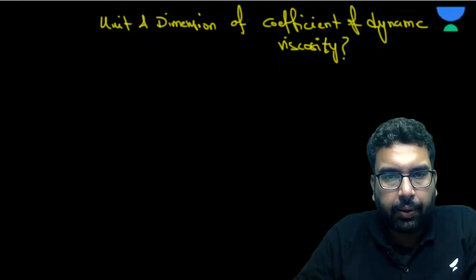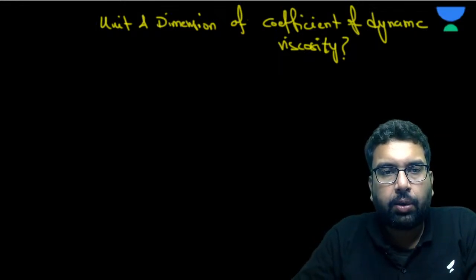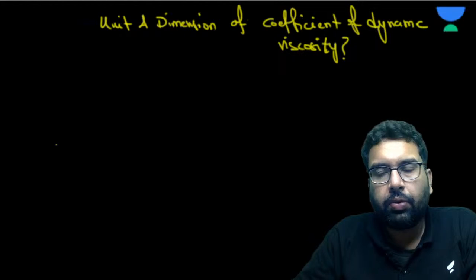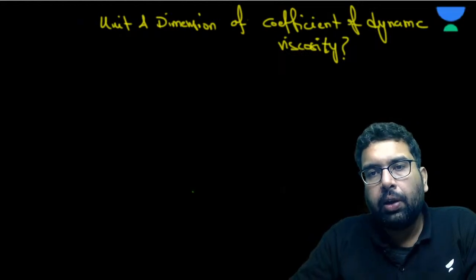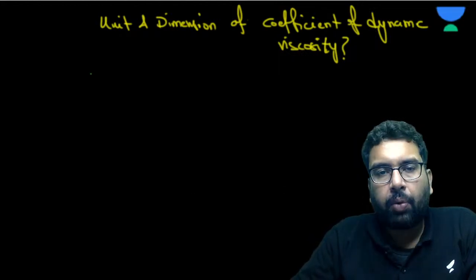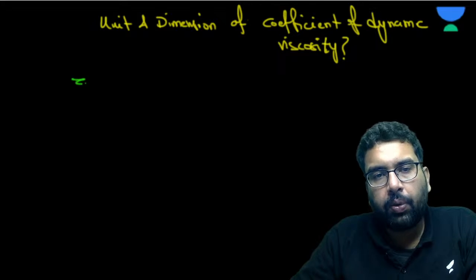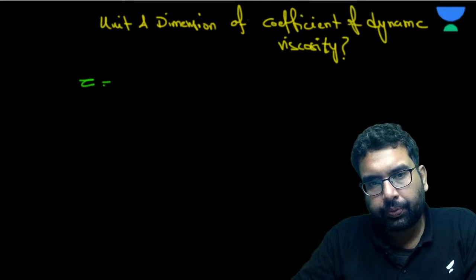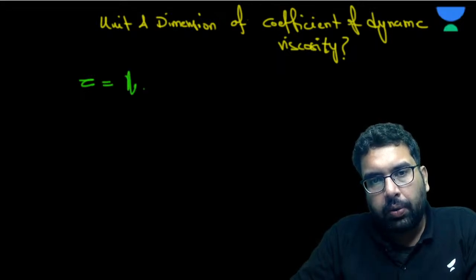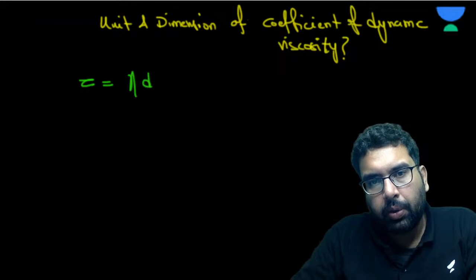As I said, to find the unit and dimension of something, you are required to first have the formula for it. Newton's law of viscosity gives tau is equal to nu du by dy.